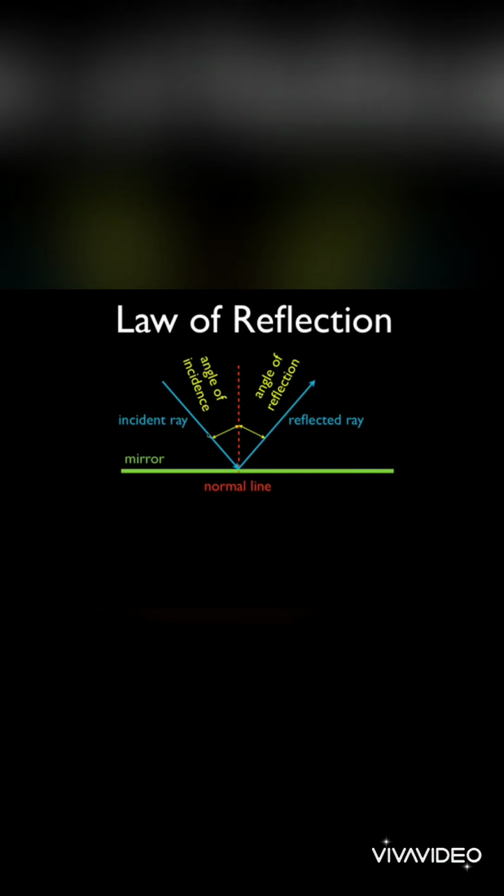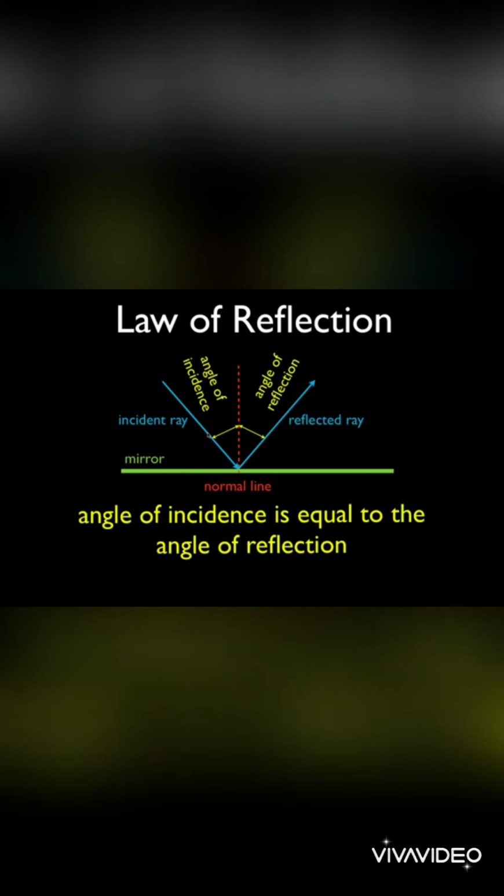The second law tells us that the incident ray, the reflected ray, and the normal all lie in the same plane. As you can see, the plane normal to the plane mirror at the point of incidence contains the incident ray, the reflected ray, and the normal. They are all lying in the same plane.